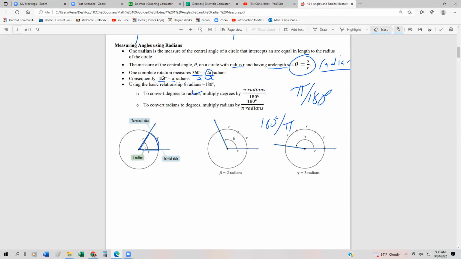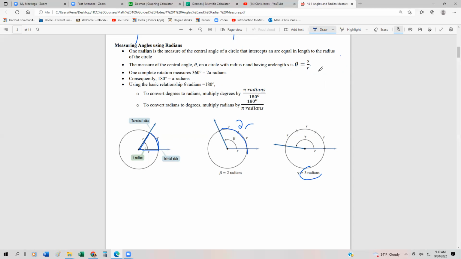Last thing before we conclude this video is some diagrams with respect to radian measure. We can clearly see in the diagrams below that we have 1 radian, and if we have an arc length of 2 radii, so this is actually 2r, that would be 2 radians. I want you to notice that 3 radians is almost the measure of 180 degrees.